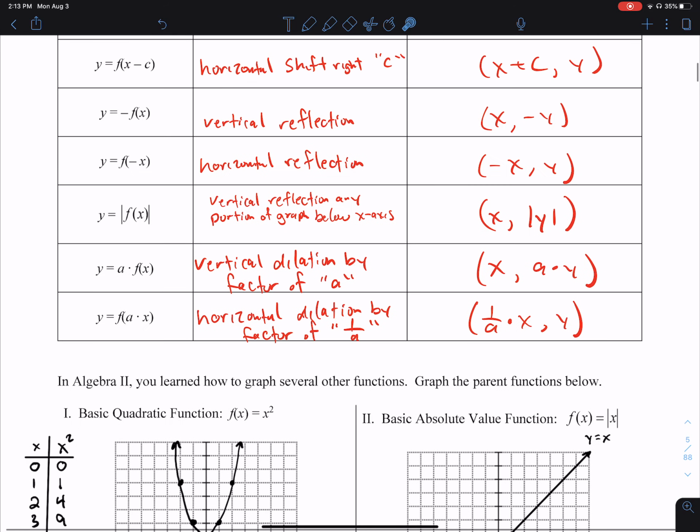As mentioned up here, if you have the absolute value of something, you reflect any portion of the graph that's below the x-axis. Well, this portion down here is below the x-axis. If I reflect that over the x-axis, that would look like this. So you can write this down now.